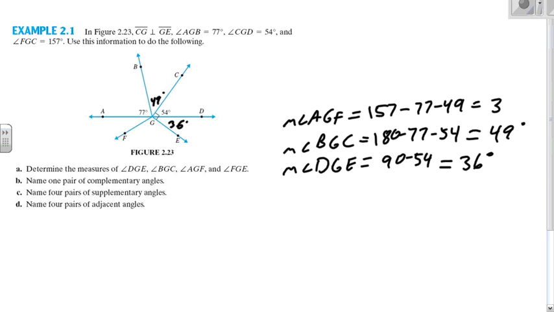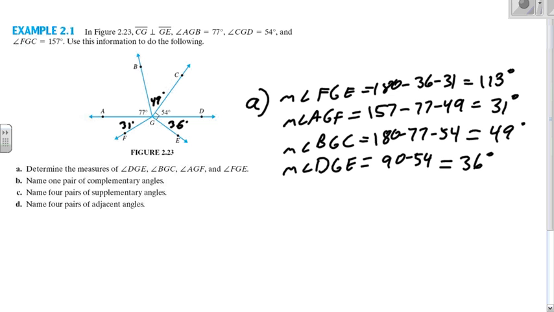We get 31 degrees. And last, measure of angle FGE. We can look at the fact that AD is a straight line, so that's 180 degrees minus the two angles we do know. So that's 180 minus 67, 113 degrees.